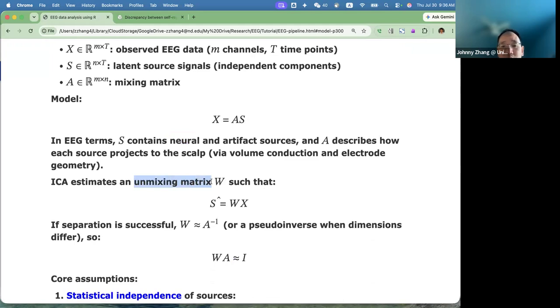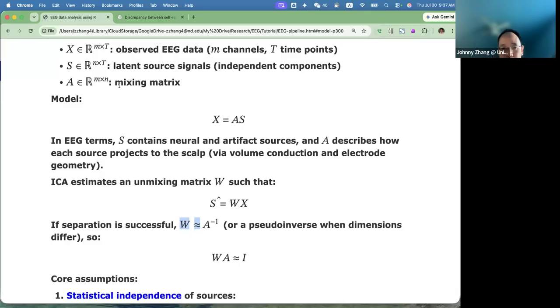What the unmixing matrix W does is, through W we can transform the observed signal back to the true components, so those are the latent signals, right? In the ideal world, if we can separate this very well, our unmixing matrix should be the inverse of the mixing matrix.